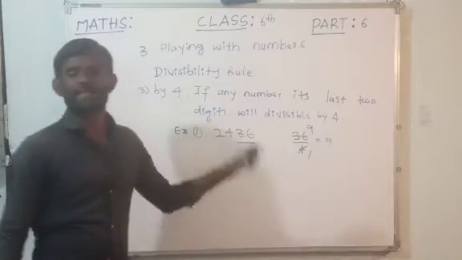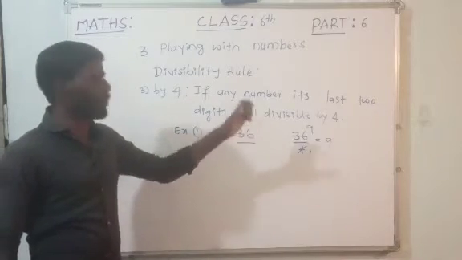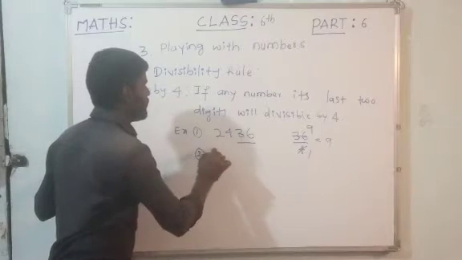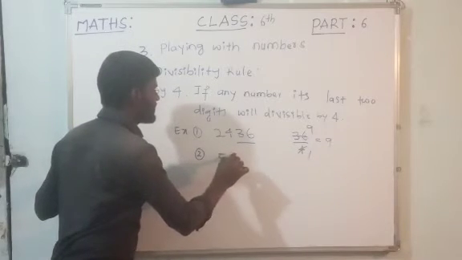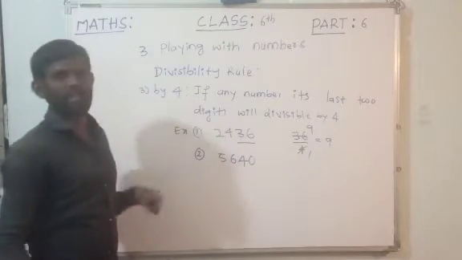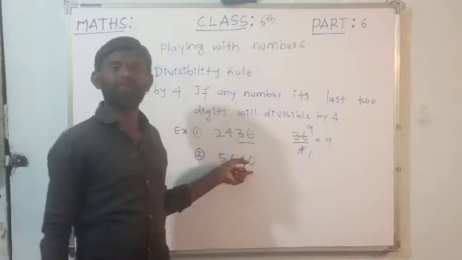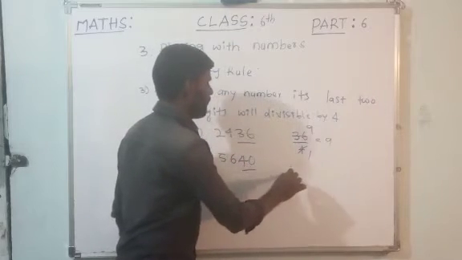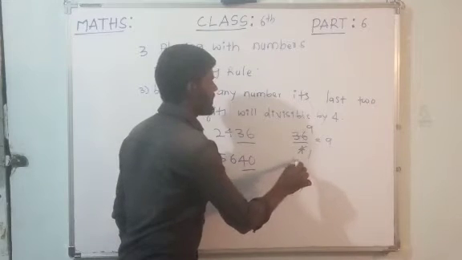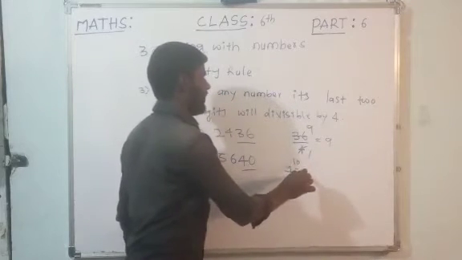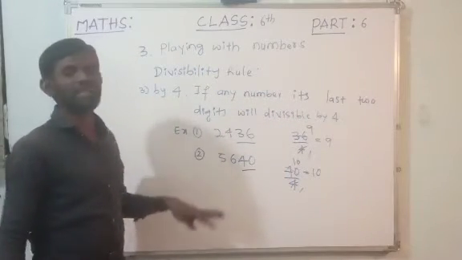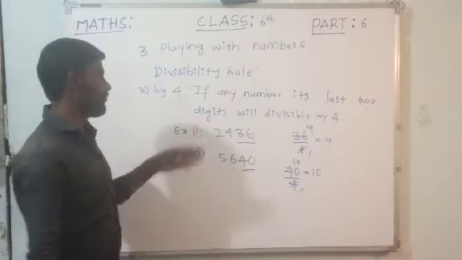Here the remainder is 0 and the quotient is 9. Example 2: 5640. The last two digits, 40, will definitely be divisible by 4. Let us see: 40 by 4, 4 tens are 40. The quotient is 10 and the remainder is 0. That's why this number is also divisible by 4.